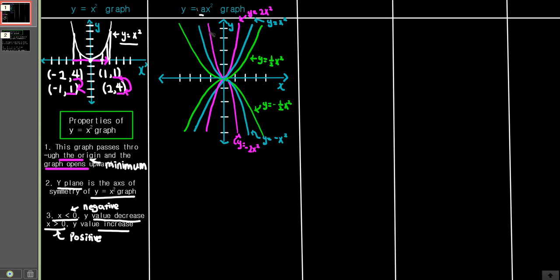The 6 cases are: y equals 2x squared, the opposite one, y equals negative 2x squared, then y equals x squared, and the opposite of that, y equals negative x squared, and for the last, y equals 1 over 2 x squared, then y equals negative 1 over 2 x squared.